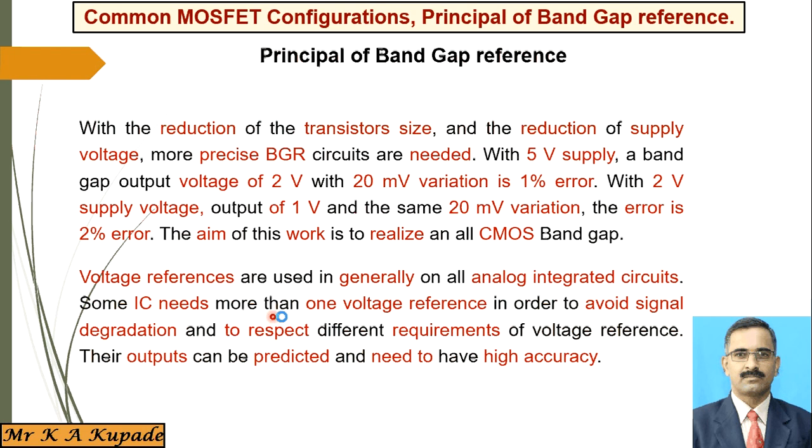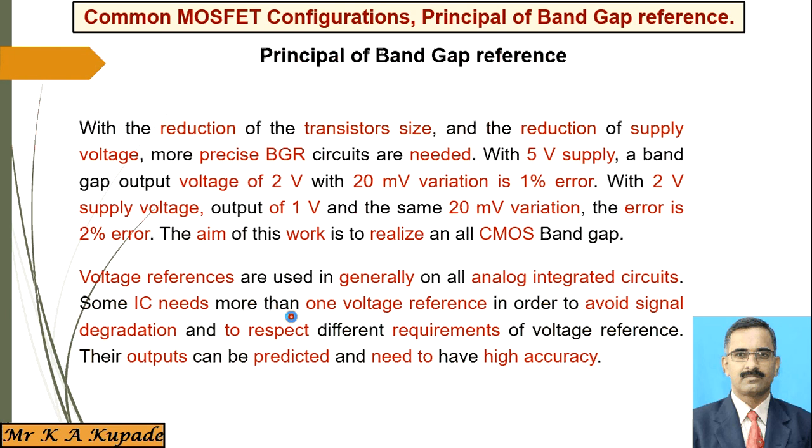Now, for the voltage references which are used generally in analog integrated circuits, the IC needs more than one voltage reference in order to avoid signal degradation and to meet the different requirements of the voltage reference. So whenever you consider integrated circuits having analog signals, you are considering voltage references.